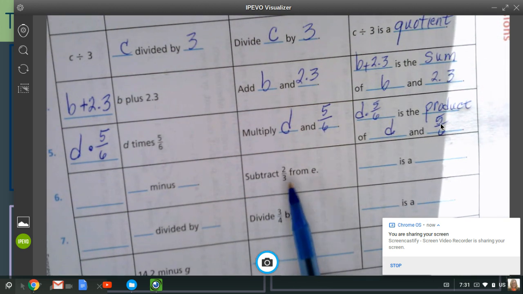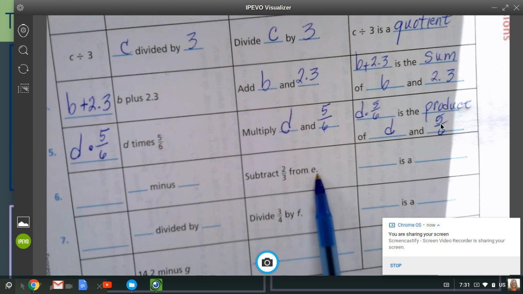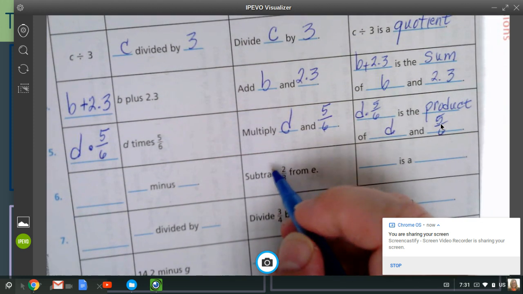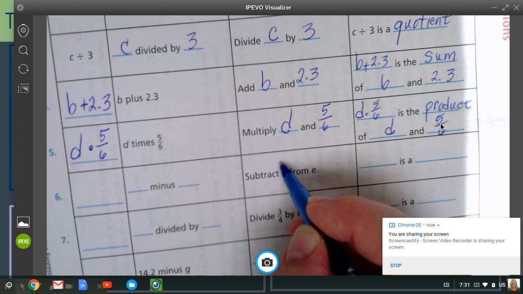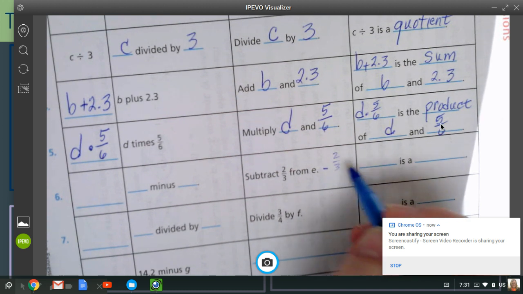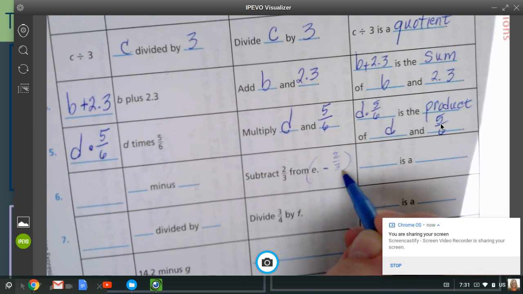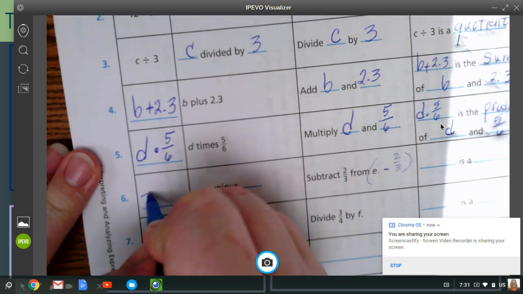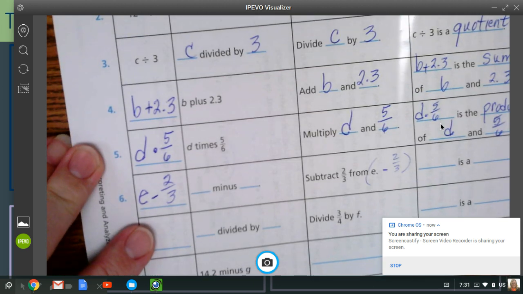Number 6. Now we have to look here. So I have subtract 2/3 from e. Okay, so this is written backwards when you subtract. So we actually want to subtract 2/3 from e. So it's going to look like this. e minus 2/3. So over here, I'm going to write it this way with the e first. Otherwise, we could get a different answer.